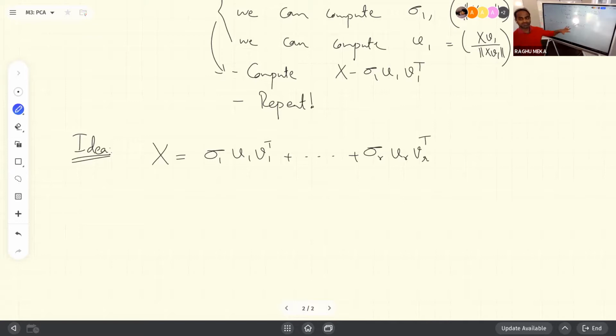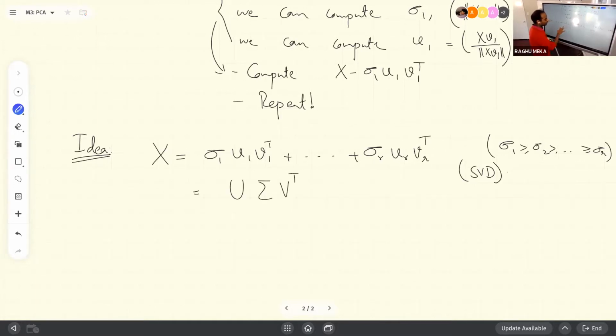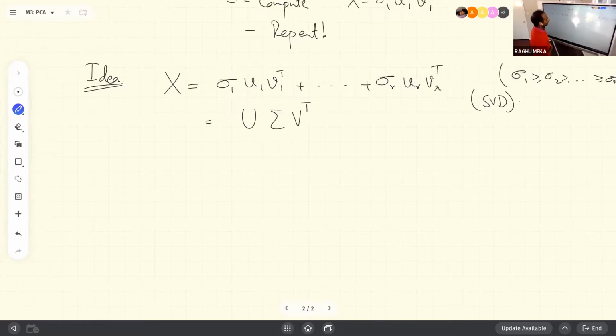So suppose this is the singular value decomposition. Now X is equal to U sigma V transpose, so they are both representations of what X is.